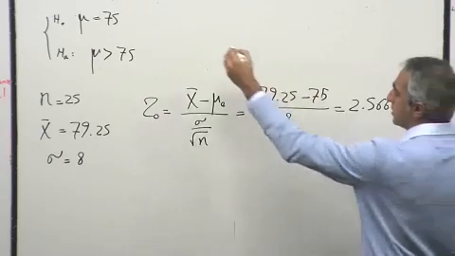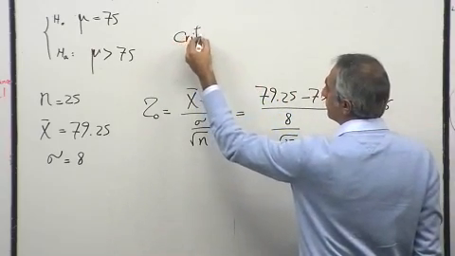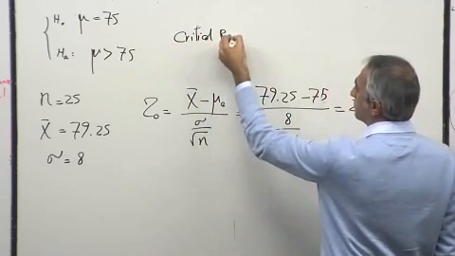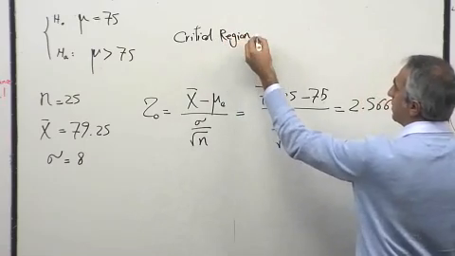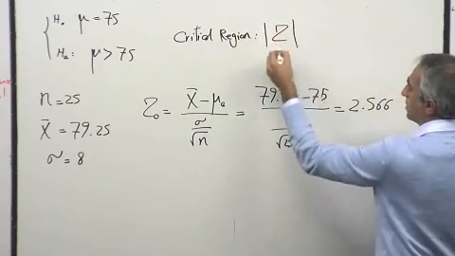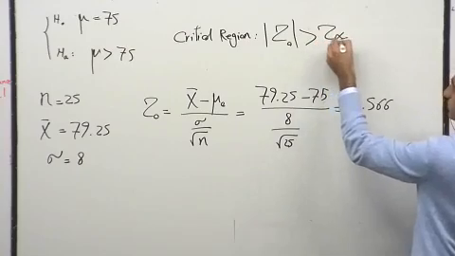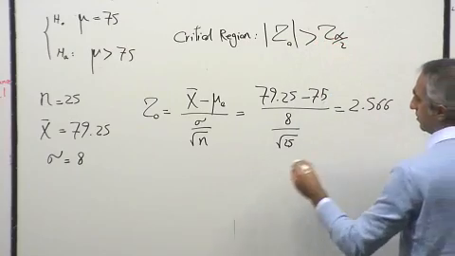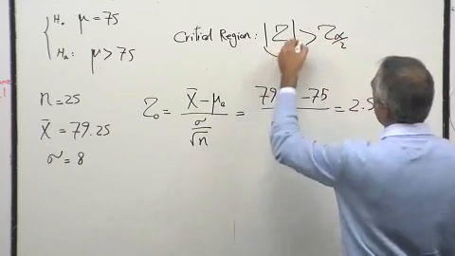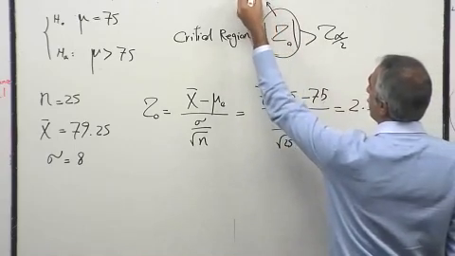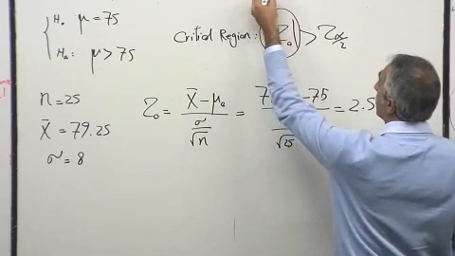And we know that the critical region is this. So the absolute value of Z0 is 2.566.